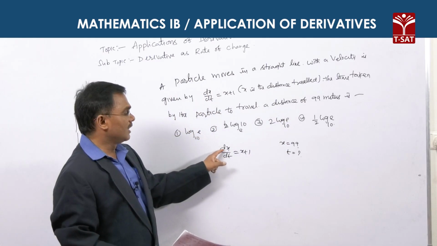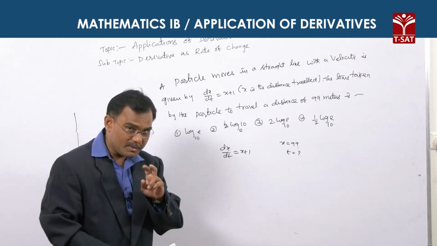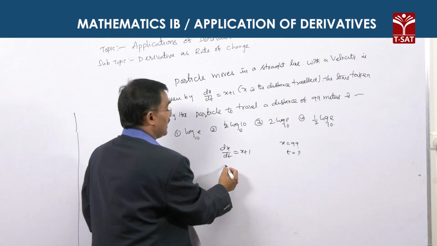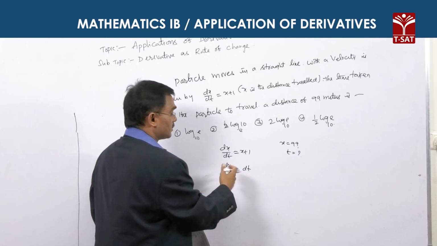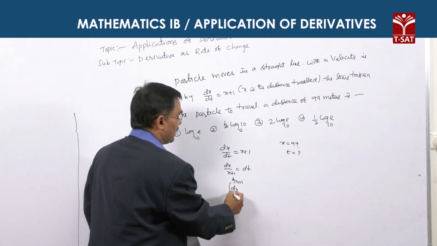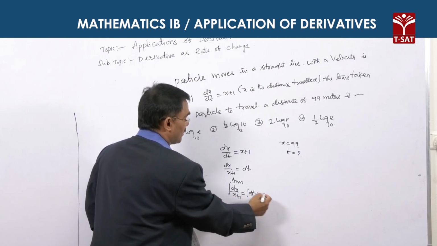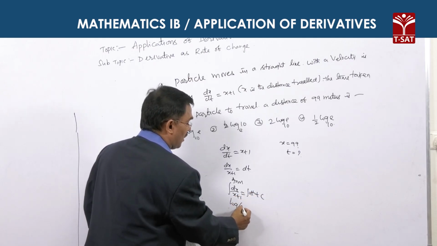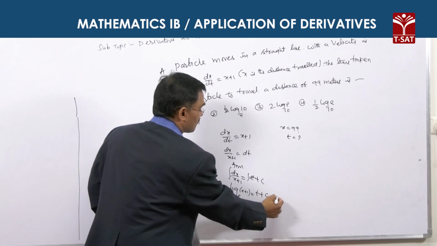Now, given this differential equation, solving it we get the relation between x and t. So dx by x plus 1 is equal to dt. This is variable separable, so integrating, the integral of dx by x plus 1 is equal to the integral of dt plus c. So log of x plus 1 base e is equal to t plus c.